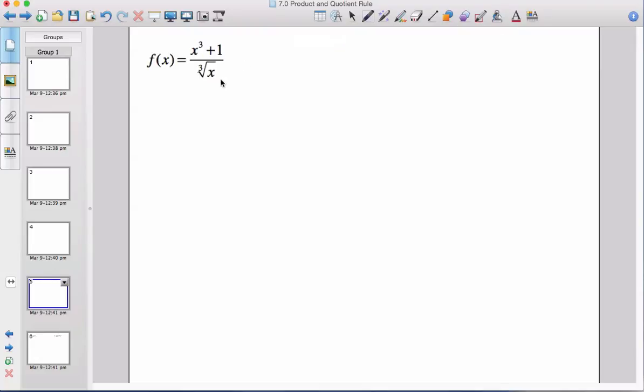So instead of this expression, I am going to rewrite it like so. And then this is x to the 1/3 power. And I'm going to combine these expressions into one.